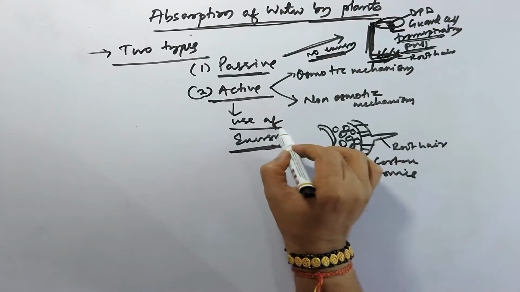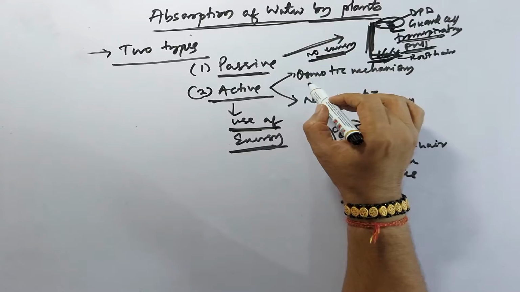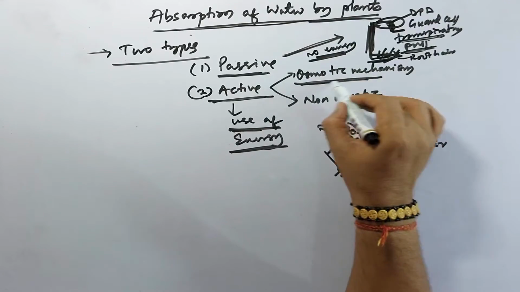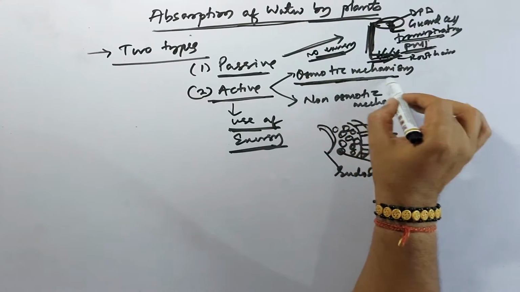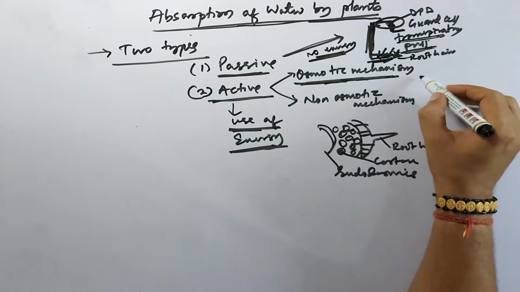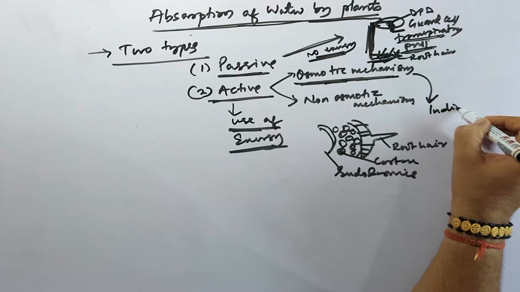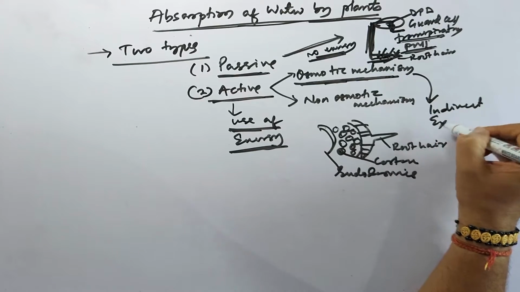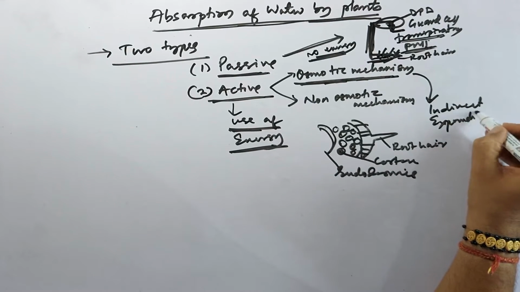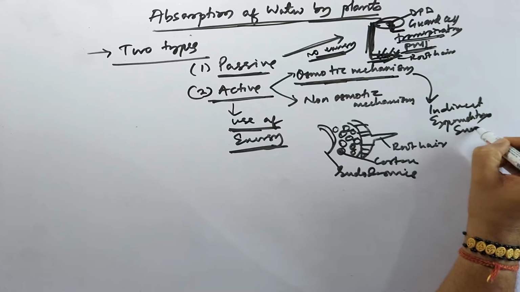So here the use of energy occurs, but here we are writing the osmotic mechanism. Osmosis, what we have already discussed in the passive way, but this is the indirect expenditure of metabolic energy.